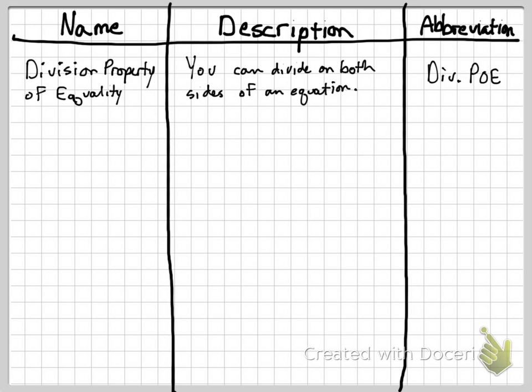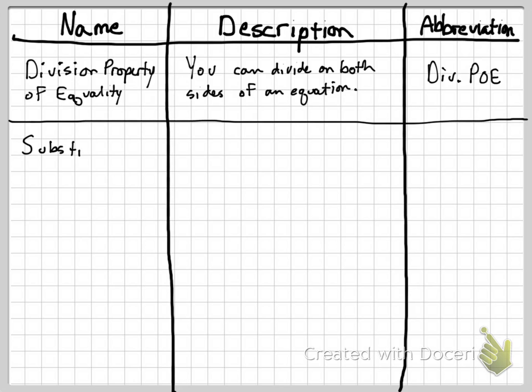The very last one that we need to write, this is why we couldn't call it the sub POE, because we have another one, which is the substitution property of equality. Again, it's something that you already know, but it's a little bit different from the last four we did. Addition, subtraction, multiplication, division. It's just all the basic arithmetic operations saying that you can do those things.